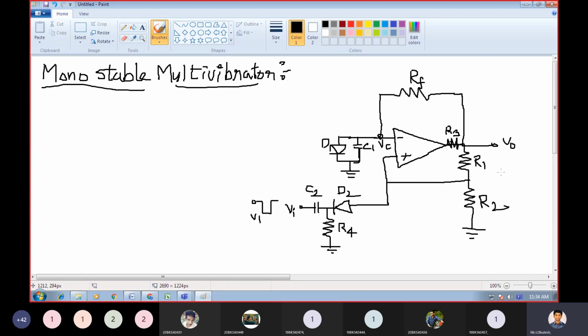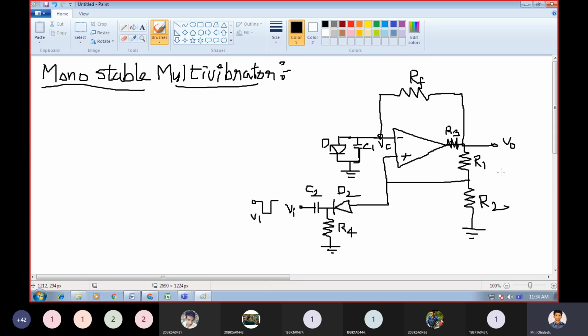This is a modified form of astable multivibrator.